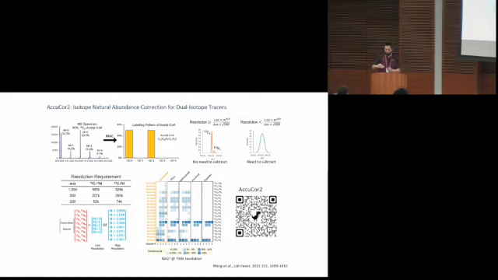Of course, you can use a parallel labeling strategy, but it will be more complicated. If you use the two tracers at the same time, you will save time and experimental effort, and you can get your result quickly. But of course, you give us more labor to do the correction.